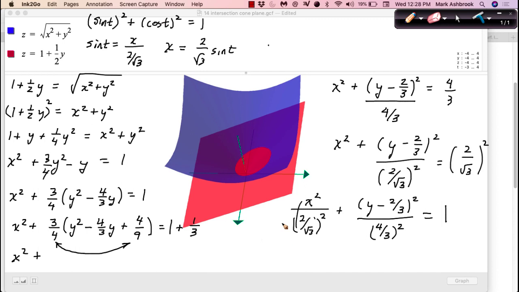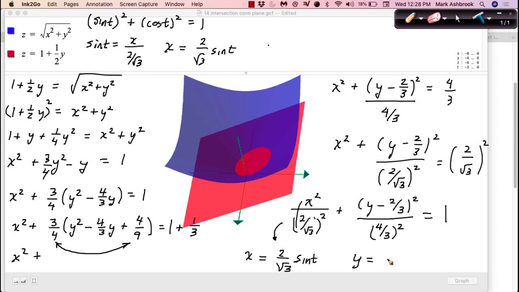So from this we said that x equals 2 over radical 3 sine t. We could use cosine t there and sine t here. It'll just give a different way that the ellipse is generated, in terms of direction and starting point, but you get the same ellipse.